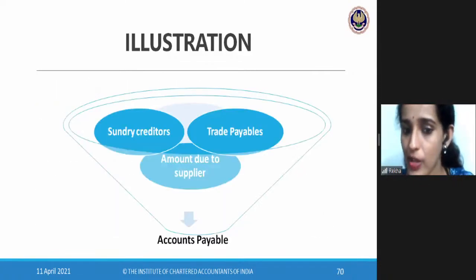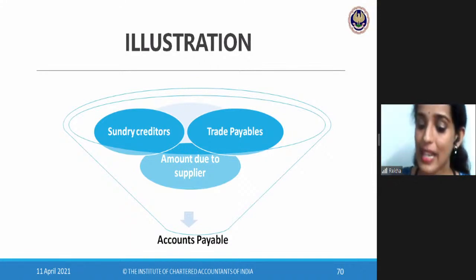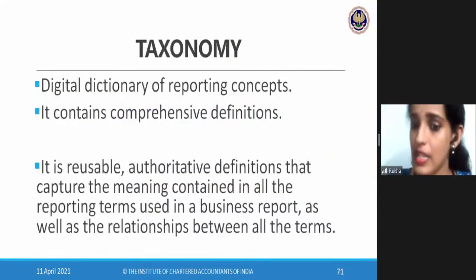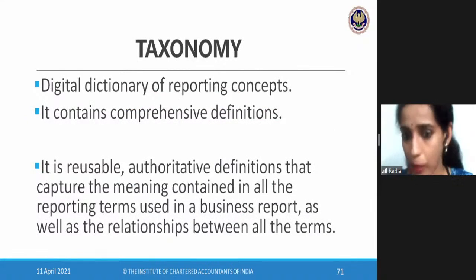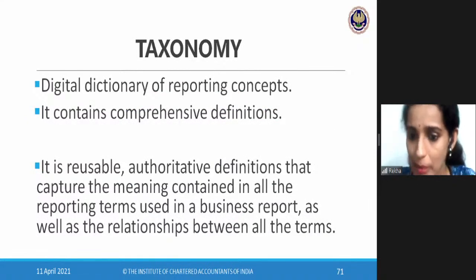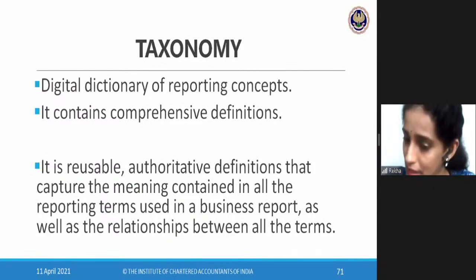Under that, your sundry creditors, trade payables, amount due to suppliers should all be put under one particular taxonomy called accounts payable. Accounts payable is a defined taxonomy element. So it is like a dictionary which defines the accounting terms or reporting concepts, with very comprehensive definitions. Whatever terms you use while doing the reporting will be defined in this taxonomy.